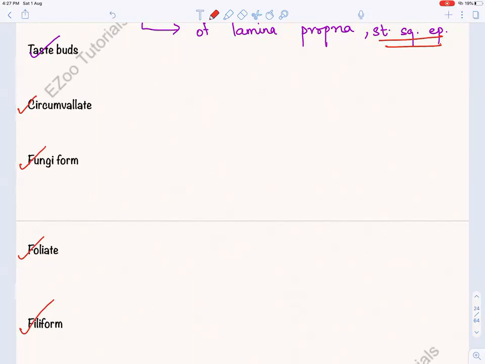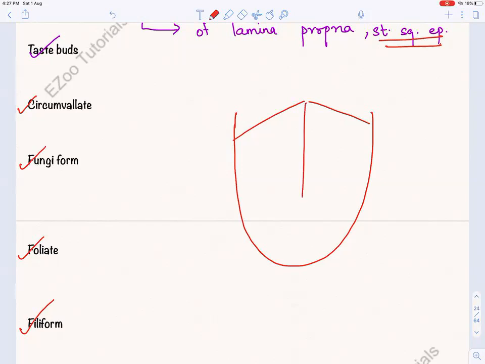Right. So suppose this is the tongue, right? This is the tongue, and you remember what this is? Sulcus terminalis, right? Foramen caecum, right? So now I will be showing you the different taste buds.